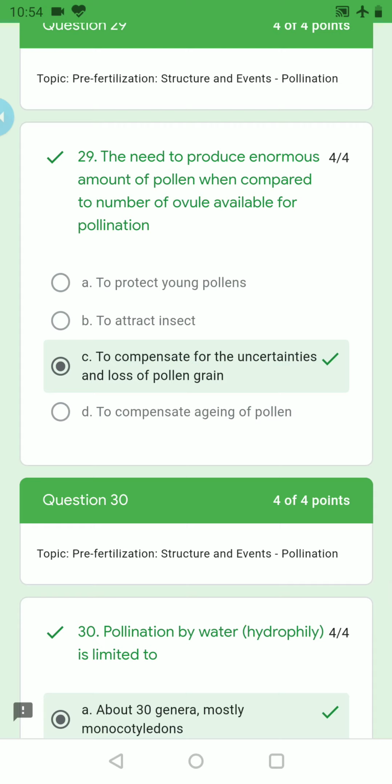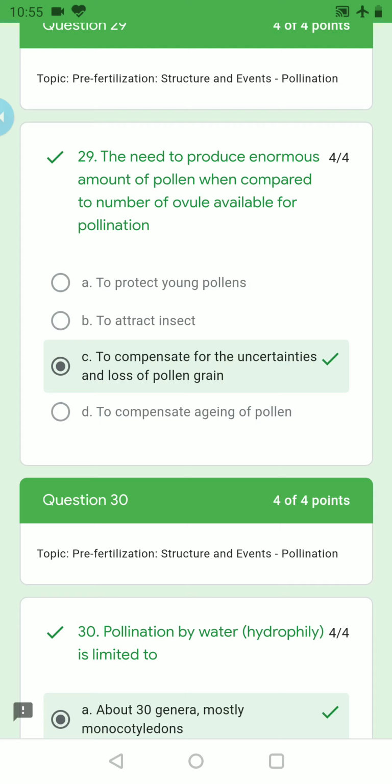The need to produce an enormous amount of pollen compared to the number of ovules available for pollination. I told you while we were discussing the theory, during the period of evolution, for the purpose of survival, to compensate for the uncertainties and loss of pollen grains.